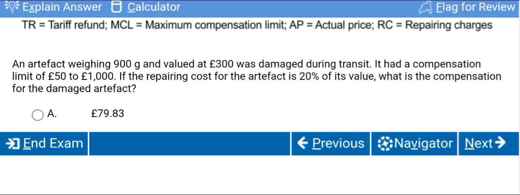The question is: an artifact weighing 900 gram and valued at 300 pounds was damaged during transit. It had a compensation limit of 50 pounds to 1000 pounds. If the repairing cost for the artifact is 20% of its value, what is the compensation for the damaged artifact?